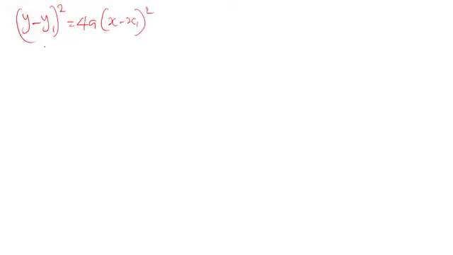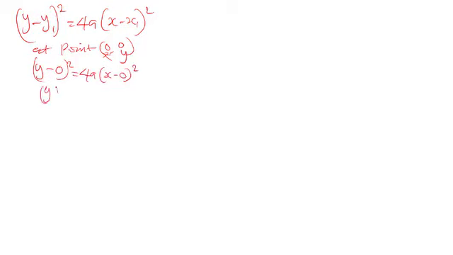Now at point (0, 0), which serves as the origin, let's substitute into this equation. You now have (y minus 0) all squared equals 4a(x minus 0). So y minus 0 is y, and you now have y squared equals 4ax.